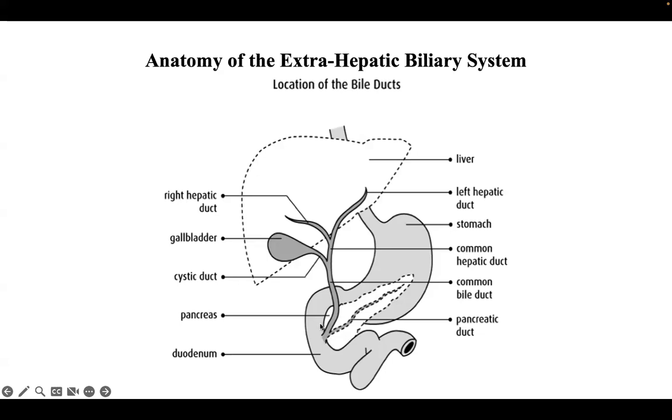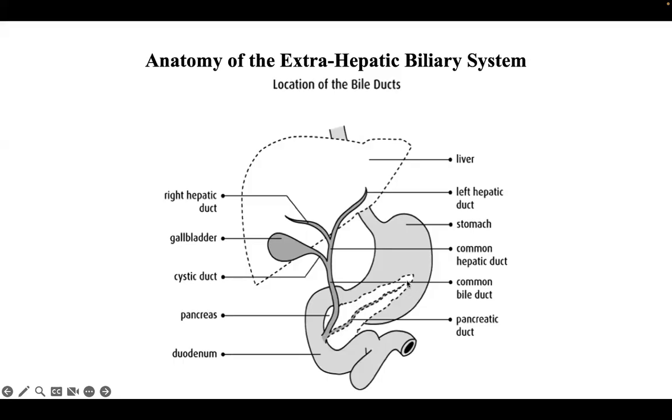But what you need to know is this is where the ampulla is. As you can see, it involves the duodenum, the pancreatic duct, as well as the CBD. That's important here. And now just the pancreas here.